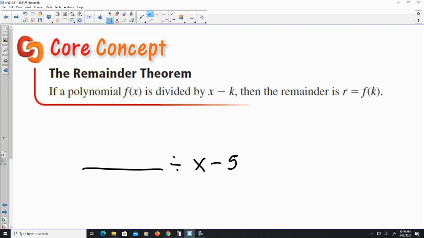That means that when you do your synthetic division, the value here would be the opposite of that, and that would be 5. I'll show you what that looks like in the examples that allow us to use that type of division.